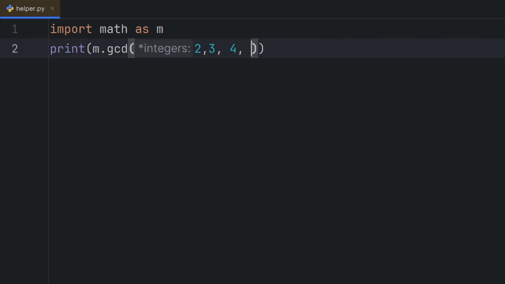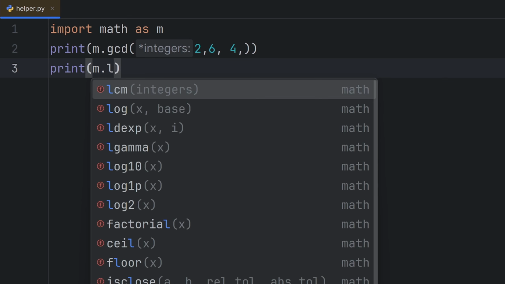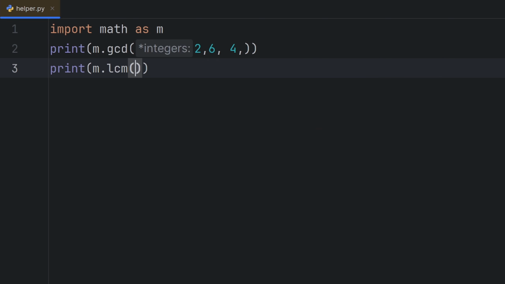For example, 4, 2, 5, etc. But let's put here 6 and leave this. Also, if it has greatest common divisor, it usually has least common multiple, LCM. Again, here you can pass as many numbers as you want. Let's pass 2, 3, and 5.